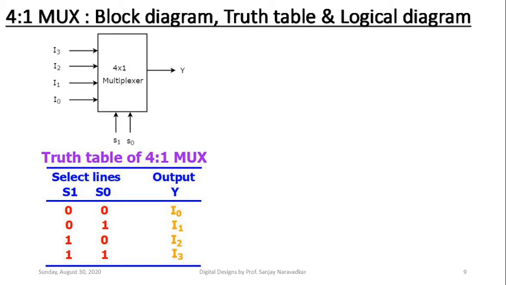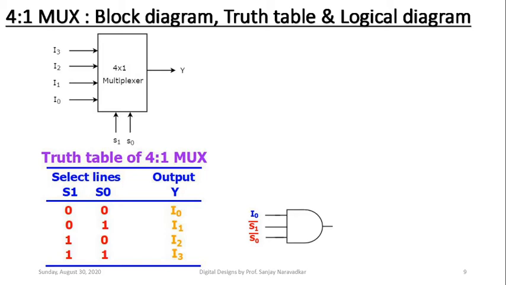And once we get this particular truth table here, then the design, the logical diagram, which will be now gradually developed on the right side. So here, this logical diagram, I want to develop it for output Y from the bottom side.